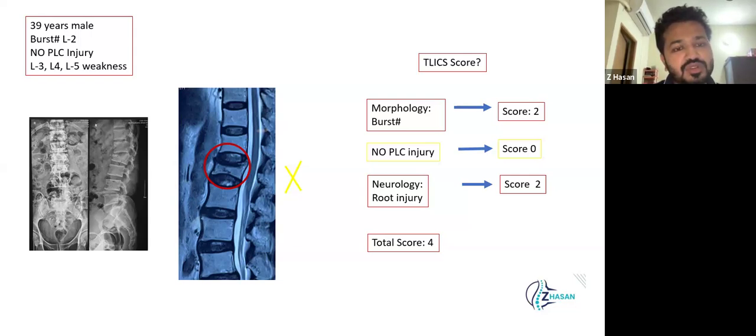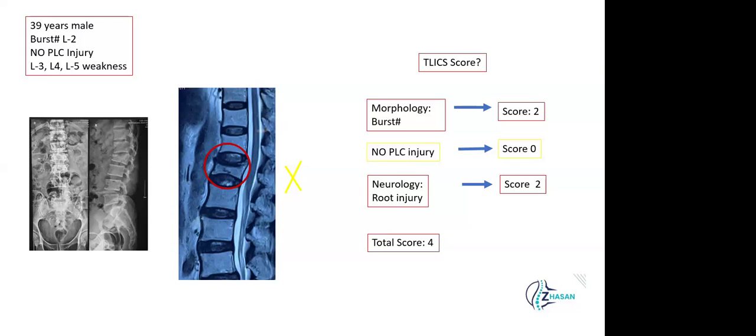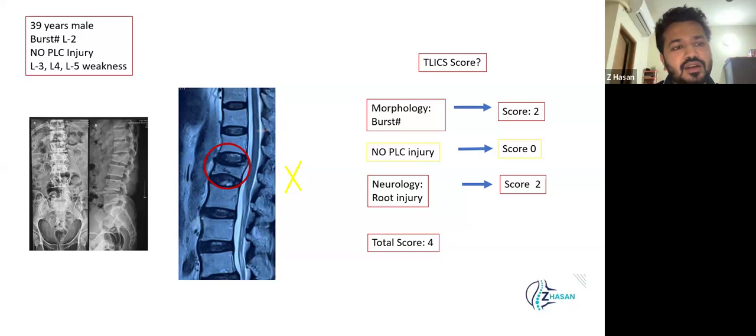Lumbar 2 is mostly the end of the conus and the starting of the cauda equina. Only the roots are available here. Clinically the patient only has specific nerve root weakness, I mean specific muscle weakness. So we can understand from here that this is a root injury.